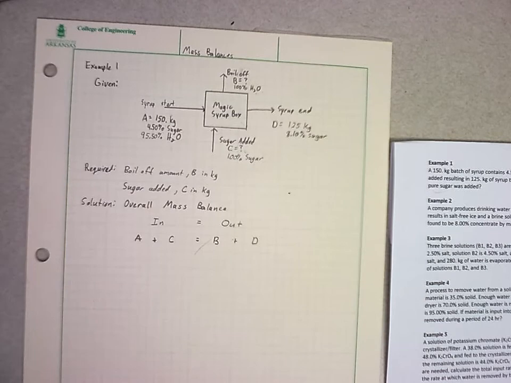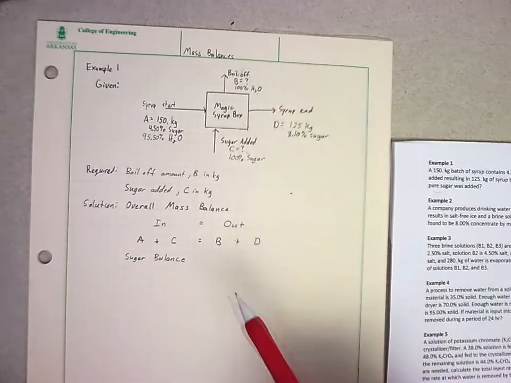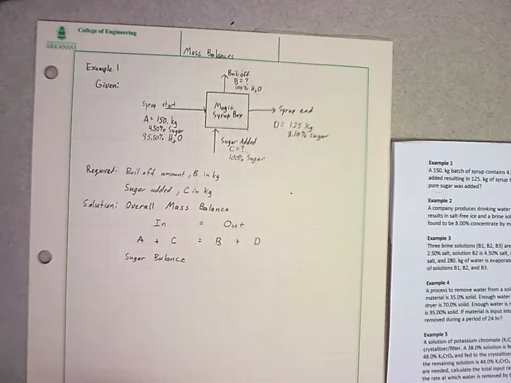And I spaced those out a little bit because as we do the other balances, we're going to put in some more factors, and I wanted to leave space so everything's still lined up. Remember, in addition to the overall mass balance, I can also write balances for each of the components. So I can write a balance on the sugar and a balance on the water. So let's start by doing the sugar one.